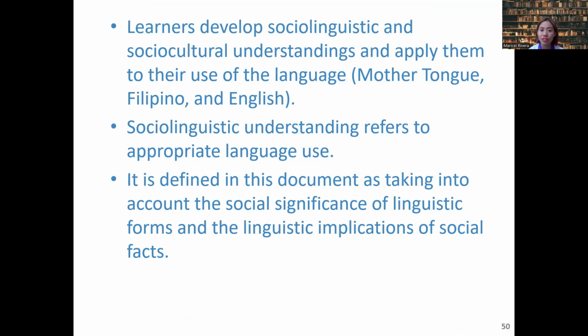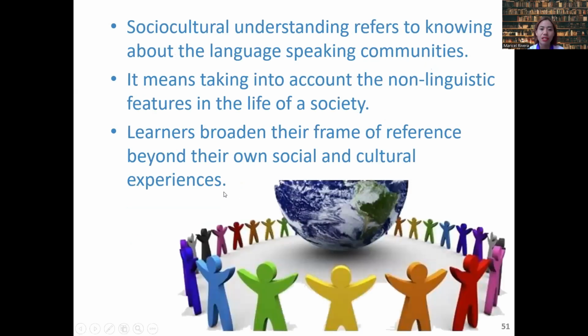And sociolinguistic understanding actually refers to appropriate language use, and it is defined in this document as taking into account the social significance of linguistic forms and the linguistic implications of social facts. The sociocultural understanding refers to knowing about the language-speaking community.